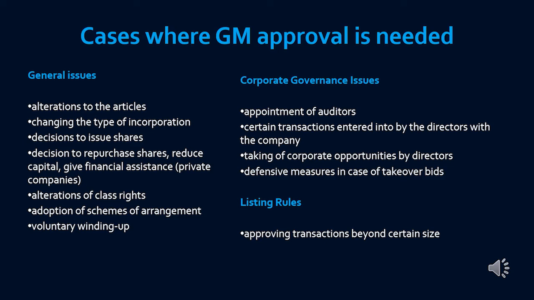This is not one of the powers of the board. If you want to issue additional shares or the company wishes to repurchase some of the shares, again, this is not something that can be done without GM approval. If we're talking about class rights, you need general meeting approval, but also the specific authorization of the class.